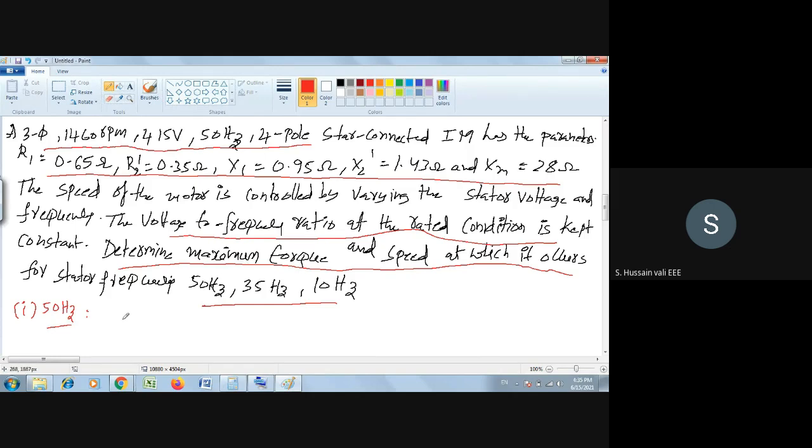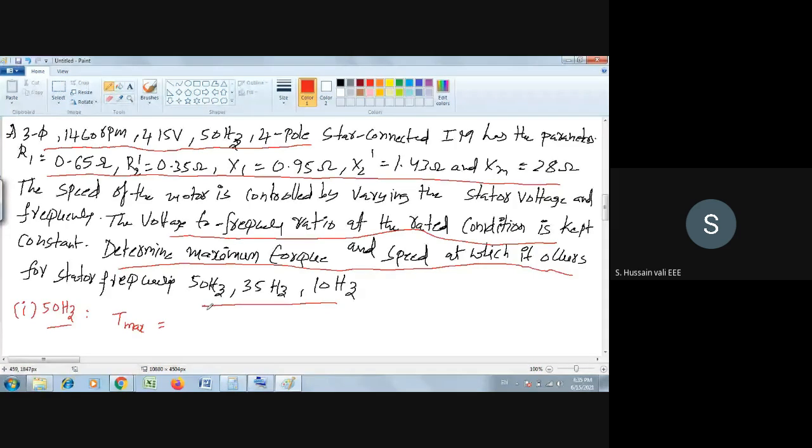So you have the formula for the maximum torque. I hope we have an equation for the maximum torque. Already we might have got that in the previous class itself. So I will write down the equation here.